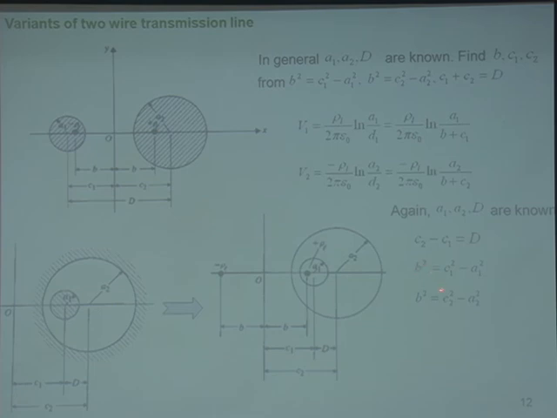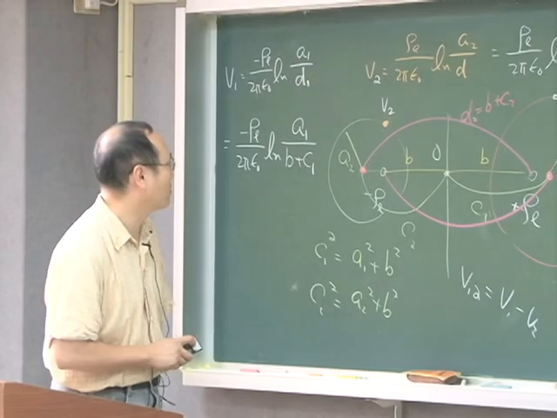B, C1, and C2 are three unknown variables that you can solve. OK, 那所以呢，你可以把这个三个变数都求出来，然后呢，again, you have an expression.